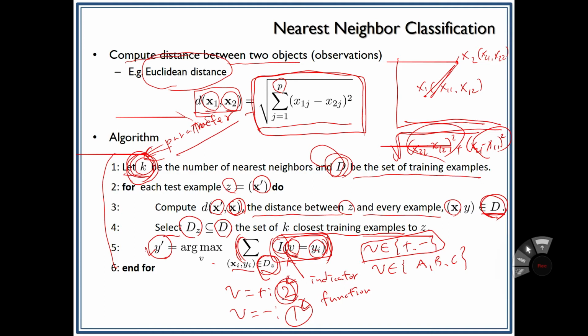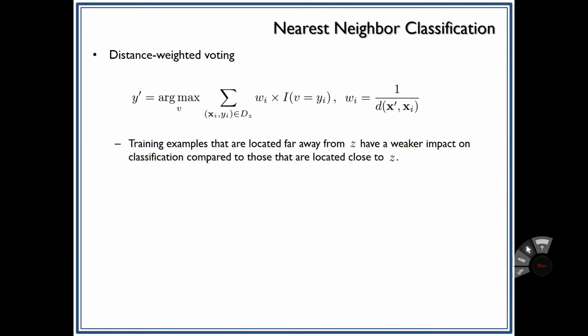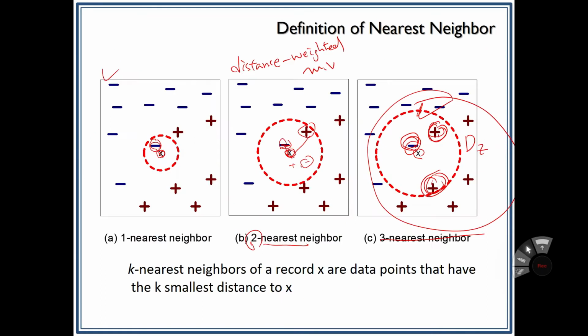Because 2 is greater than 1, we set y prime as plus. Using this example, okay. So it's just the algorithm written in text and mathematical symbols, but the algorithm is pretty much the same as what I explained in these two slides.